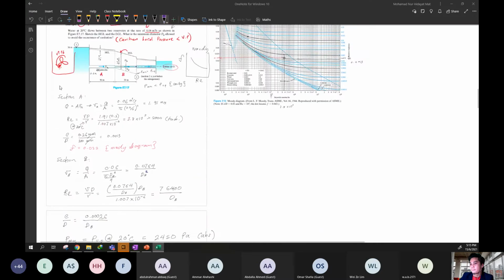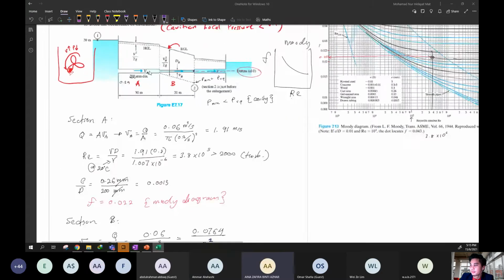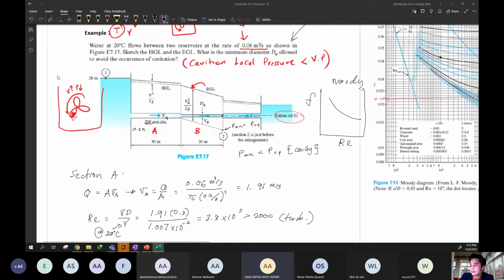Doctor, may I try? Okay. You may try. At point 2, the pressure should be the minimum, 24,450 Pascal. Yes, perfect, I said the minimum. It is the minimum vapor pressure.